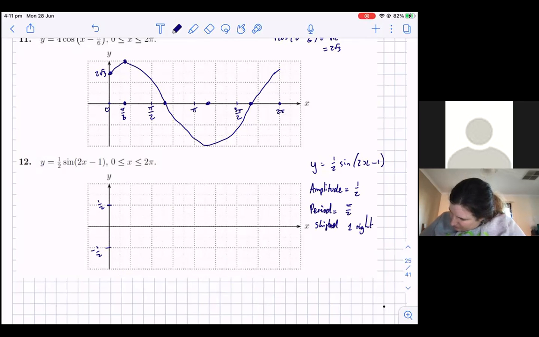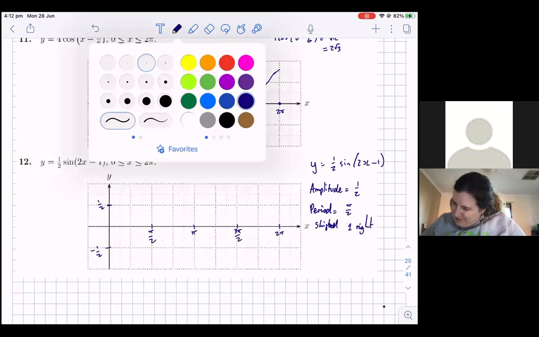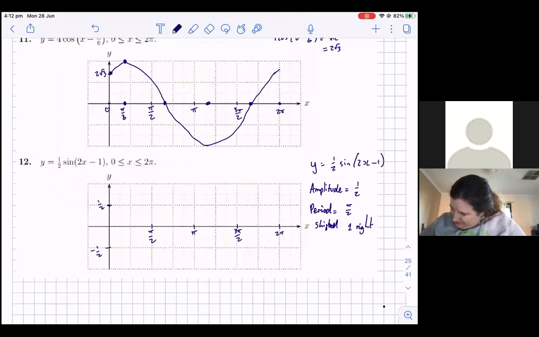So instead of doing this, let me try that again. Instead of doing that, our new period is pi on 2. So it's happening every pi on 2.